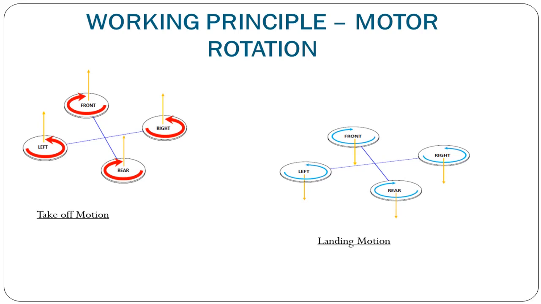They are going to rotate in a clockwise direction, and the left and right propellers are going to rotate in an anti-clockwise direction. So this happens during the takeoff motion and also during the landing motion. During takeoff motion, all the four propellers rotate at high speed, and during landing motion the propellers tend to rotate at low speeds.